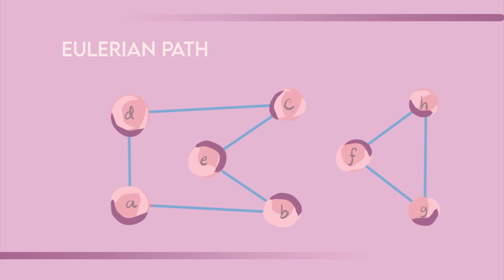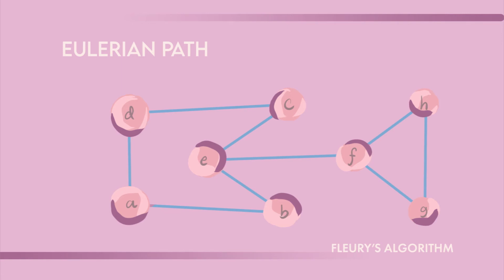The connected graph changes into a disconnected graph. An edge such as this is called a cut edge or a bridge. This edge is an important part of Fleury's algorithm, which allows us to find an Eulerian path in a given graph.